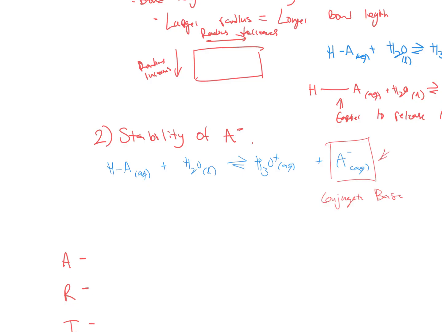If this is really stable, in other words, it likes being on its own without the H, the reaction wants to go to the right, which makes it more acidic. And so the more stable A- is, the stronger the acid.